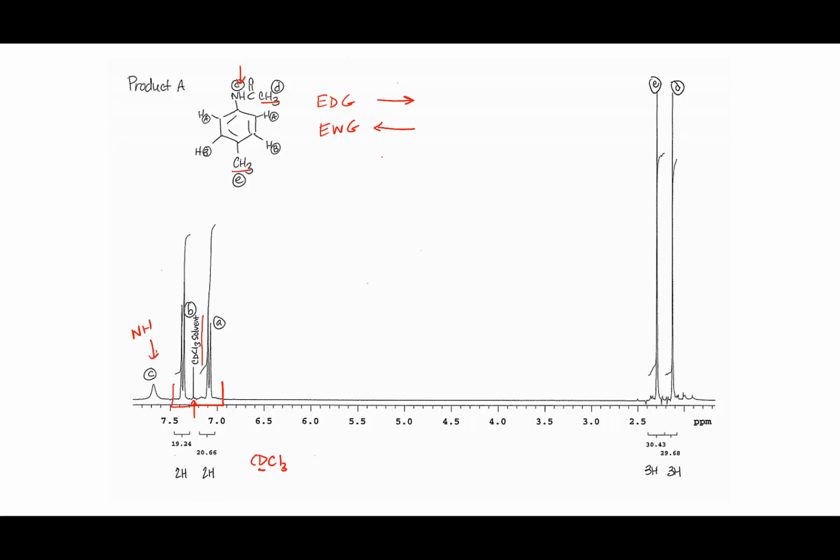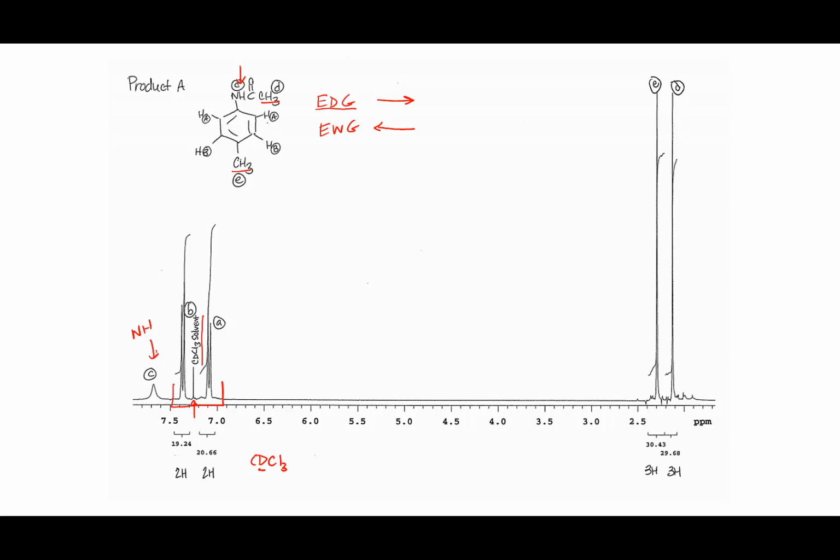Now, you might say, but these are both electron donating groups. Great. The more electron donating group will be on the right, the less electron donating group will be on the left.